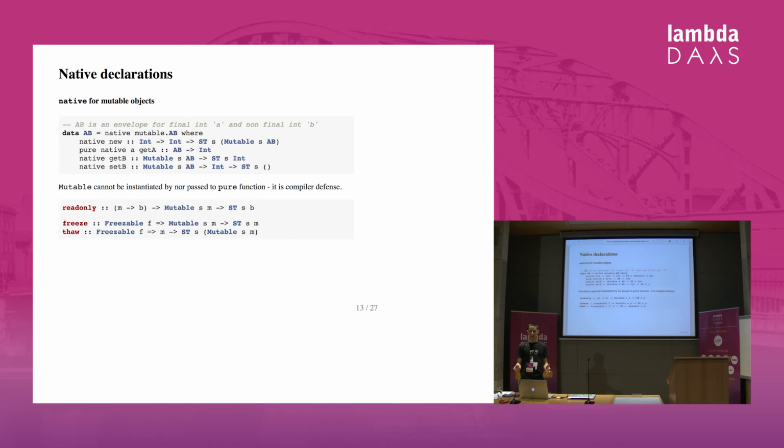And there's a thing that is new in Frege, which does not exist in Haskell, this Mutable type. So Mutable types are a compiler defense for Frege. If you know that some type can mutate and can be used by functions which take mutable instances, you need to wrap your type into this Mutable.